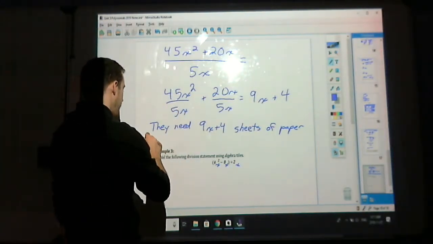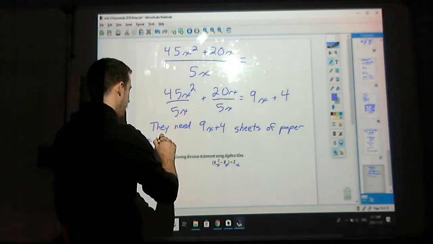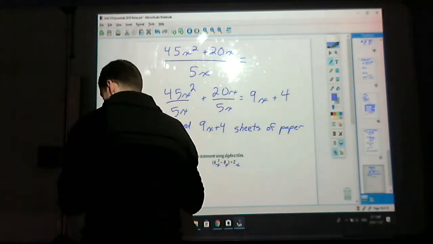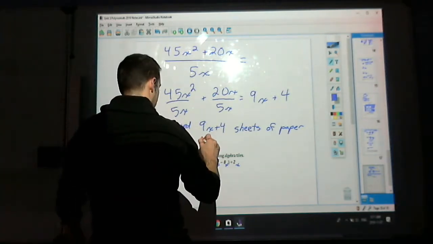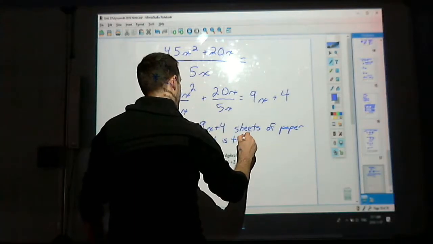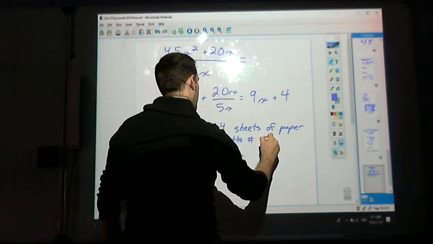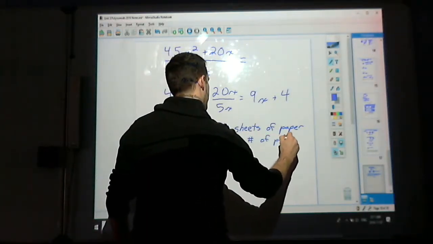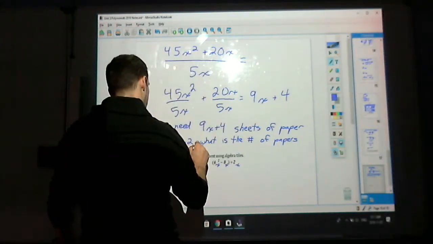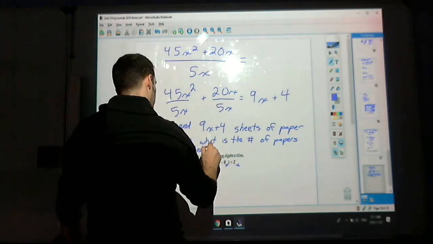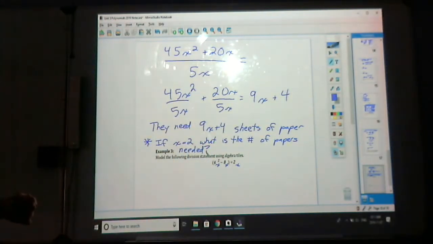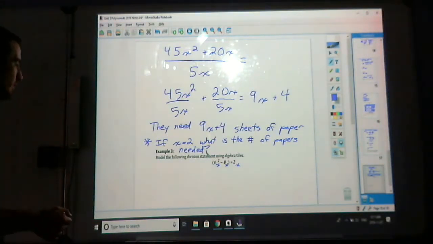So I'll put a little star here: if x equals 2, what is the number of papers needed? Okay, so that's a little challenge question if you guys want, and I can go over that with you in class if you want to know the answer.